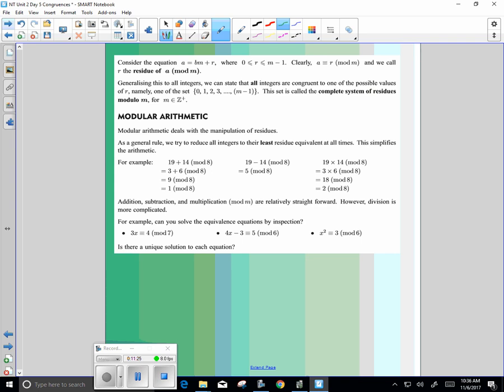Modular arithmetic, there are a whole bunch of things that we can do, and let's just do a couple of easy ones. 19 plus 14 mod 8. So let's say you're going to add these numbers together, and what is 19 mod 8? 8 times 2 is what? 16, right?